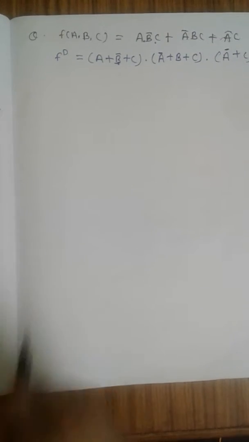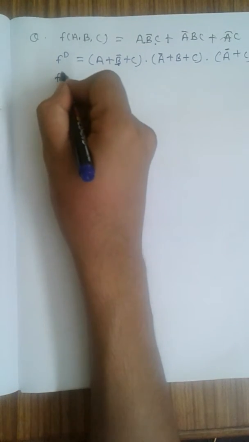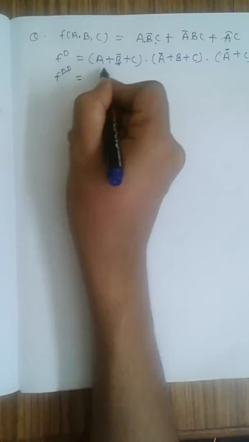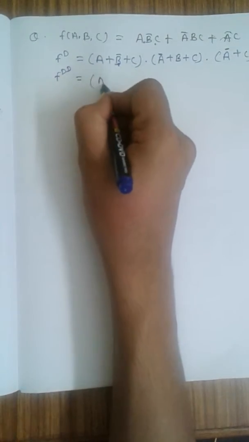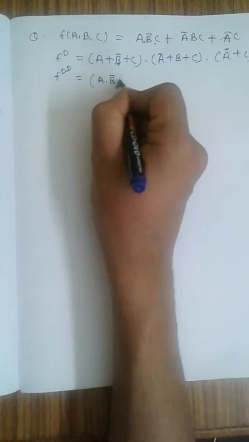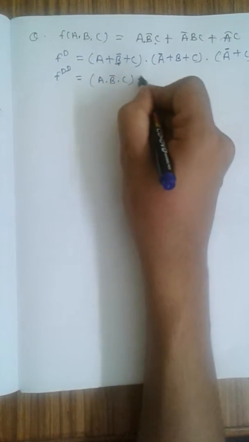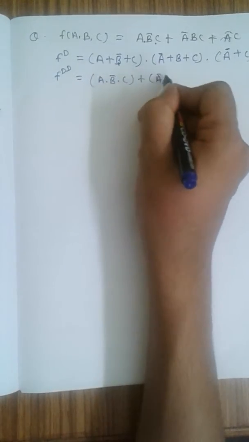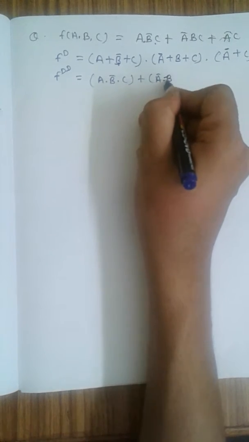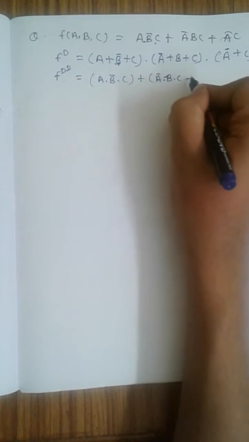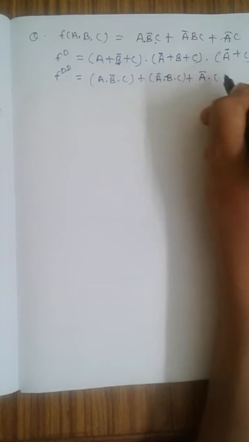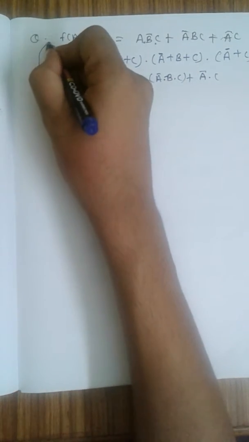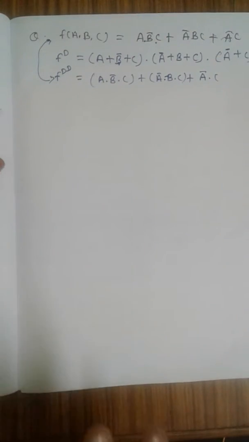So this will be the dual, and again the dual of that function will be like this: plus will be converted into dot. So a dot b bar dot c plus a bar dot b dot c plus a bar dot c. So this is the same function, so that is always true.